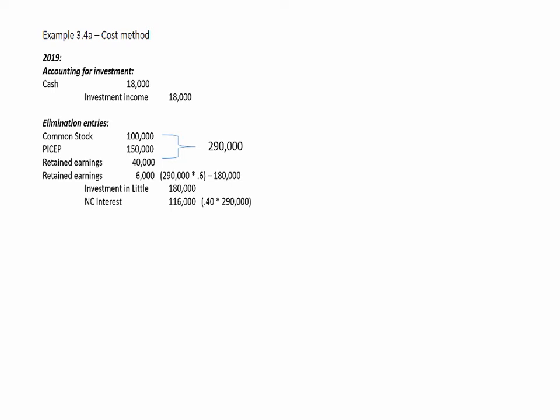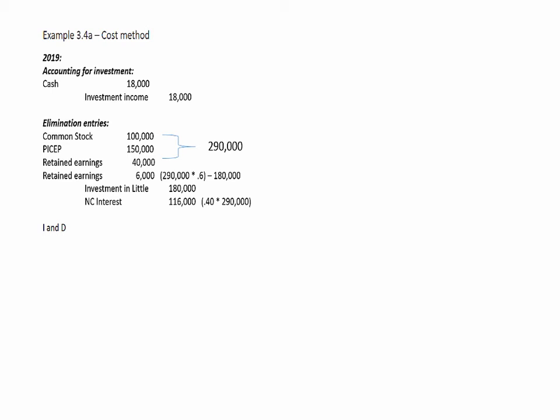If we had been using the equity method, we would have recorded investment income of $24,000. So because we were using the cost method, we reported an extra $6,000 in income, which means we now have an extra $6,000 in retained earnings. To correct this, we need to reduce our retained earnings by $6,000.